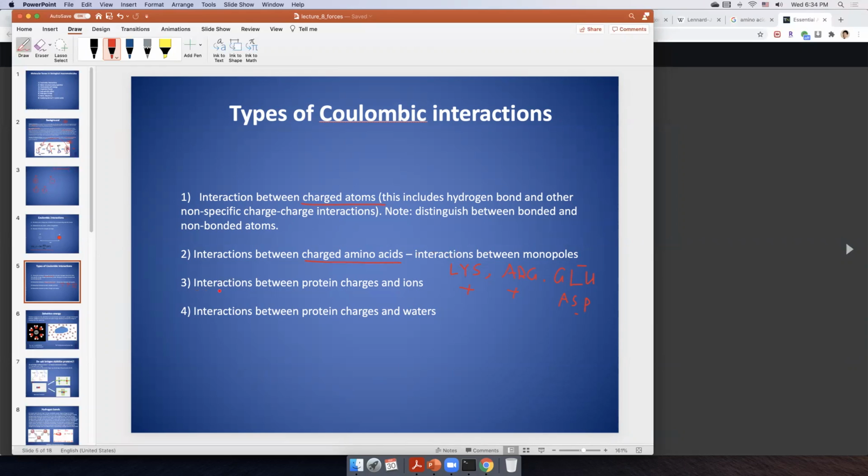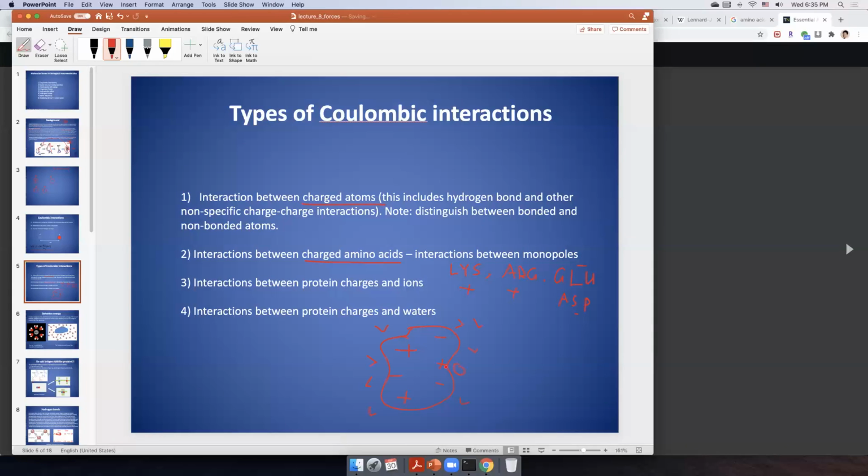There are also interactions between protein charges and ions. So for example, if you have a protein, it may have some positive charge, negative charge distributed like that. Surrounding the protein, you will see a lot of water molecules like that. And also, there should be a lot of ions.